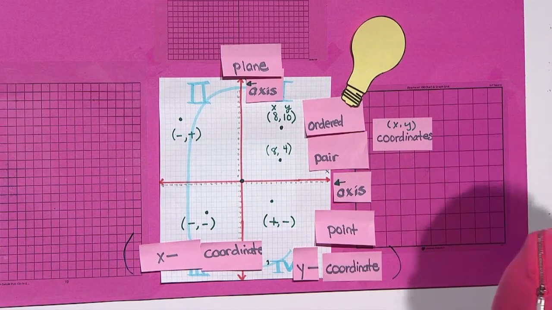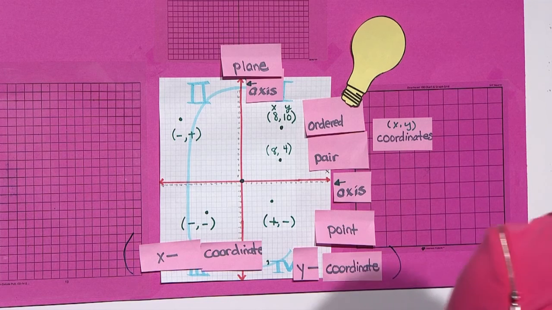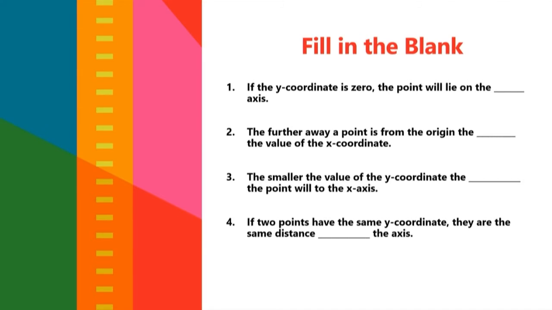Awesome. So I'm going to ask you a series of questions and let's see how you do. Question number 1. Fill in the blank. If the y-coordinate is 0, then the point must lie on the... Talk to your parent or talk to your teacher. What do you think the answer is to fill in that blank? Number 2. The further away a point is from the origin, the blank the value of the x-coordinate.